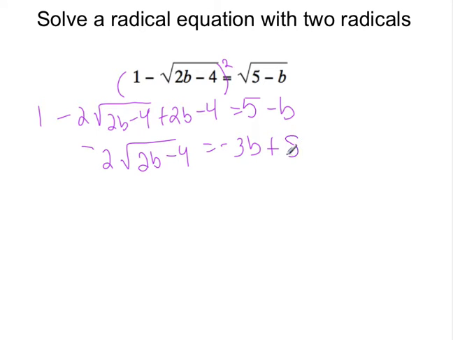Now, I'm ready to square both sides of my equation again, and that gives me 4 times the quantity 2b minus 4. And now squaring this side gives me 9b squared.